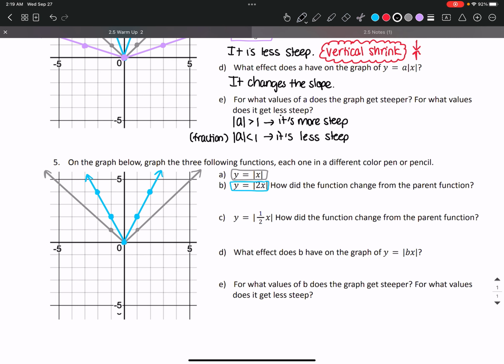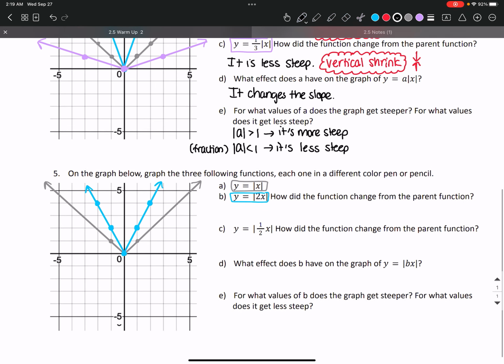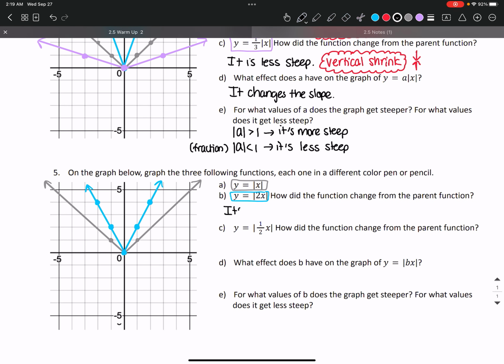So if it had the whole number coefficient on the outside or the inside, I saw that it's steeper. The only difference is that when a number is on the outside, I talk about it as what's happening vertically, like what's going to happen to the y. And when it's inside, I'm talking about what's happening horizontally. So it's steeper.